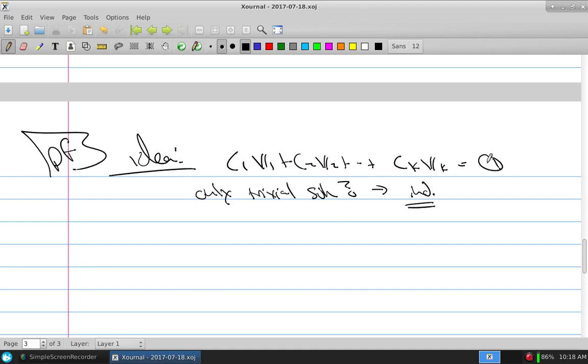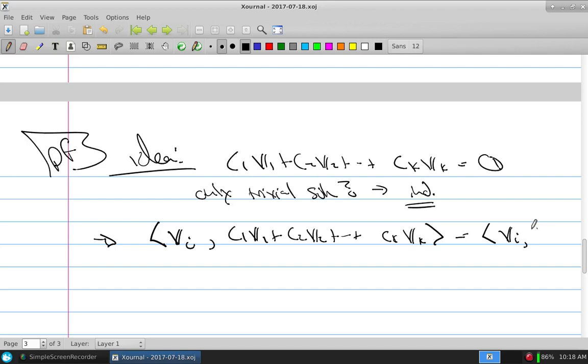Well, if this is true, which is what we have, we're saying solve the homogeneous system. If the left is equal to the right, then if I take any one of the vectors, say vi, and compare it with the left side, C1 V1 plus C2 V2 plus everything up to Ck Vk, the inner product of vi with the linear combination has to equal the inner product of vi and 0.